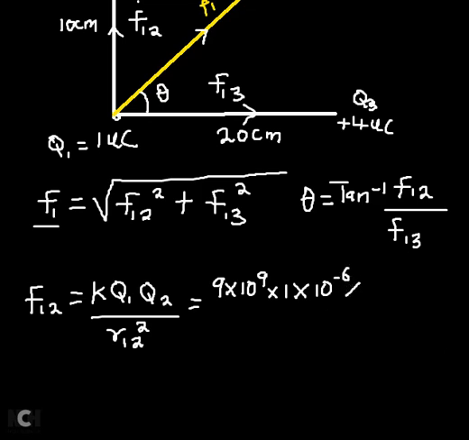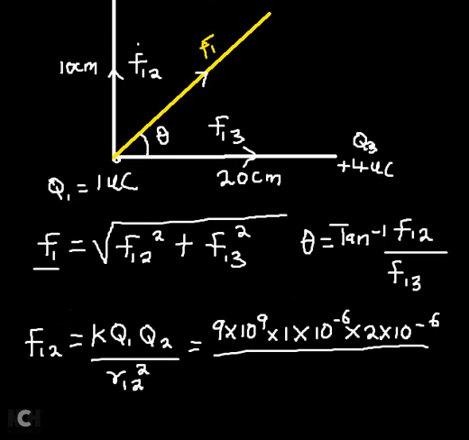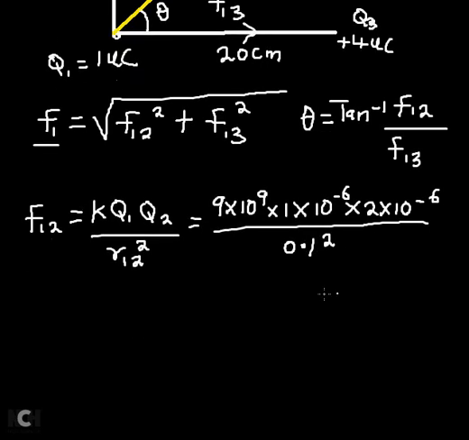My Q2 is 2 times 10 raised to the power of minus 6, all divided by the distance. The distance is 10 cm, that's going to be 0.1 squared. So that's going to be 18 divided by 0.2, which should give me 1.8. I've done this before. 1.8 Newton.